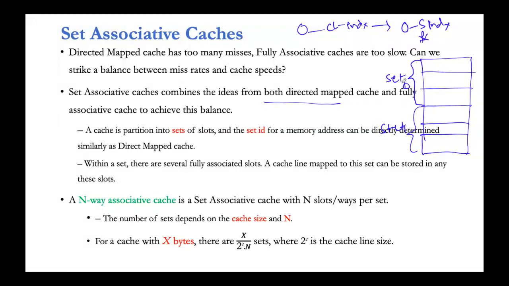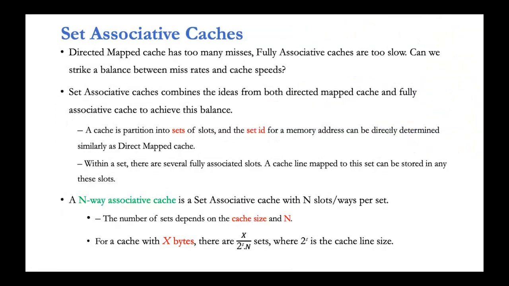Selecting set 0 or set 1 is just like direct mapped caches. Once the set is selected, inside the set there are frames, and those frames can be filled in any manner. Any empty frame can be given to the upcoming cache lines. In that way, the complete cache can be utilized, it reduces the miss rate, and it can speed up the cache line storage in the cache.